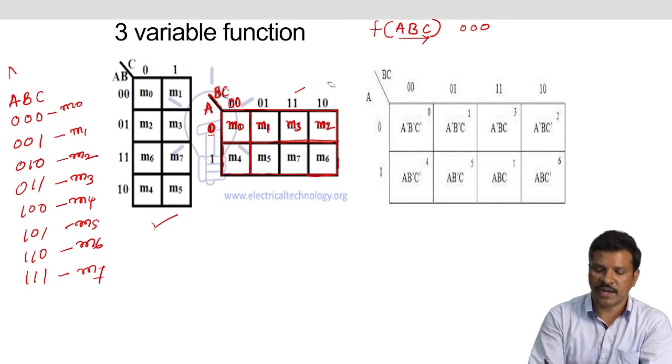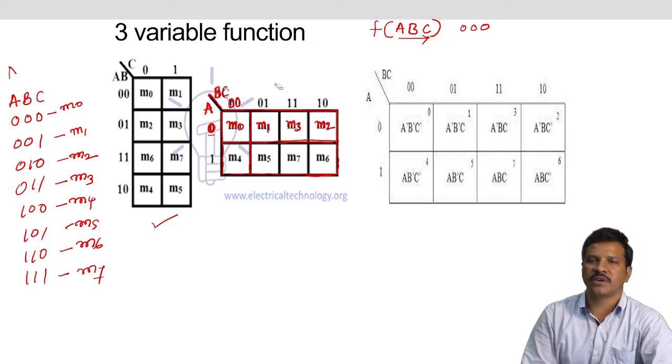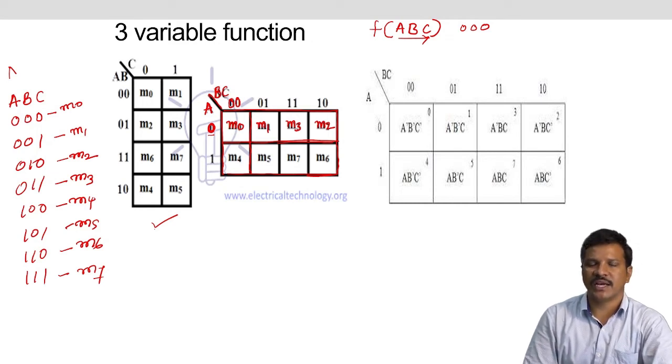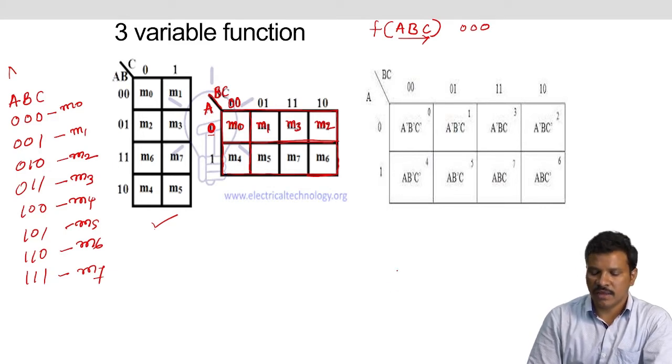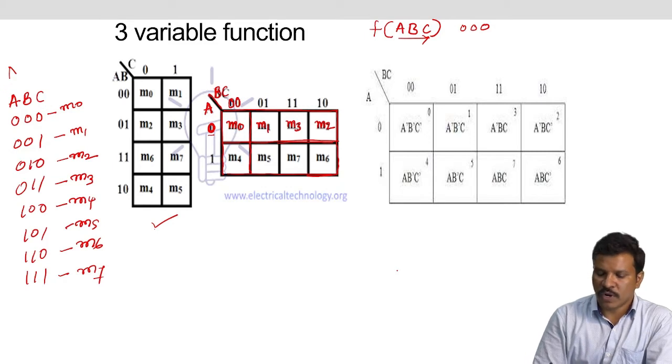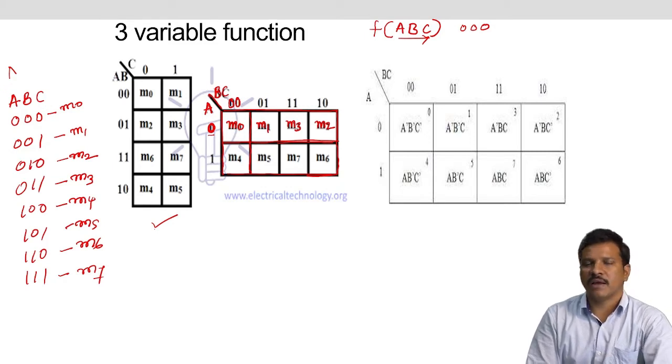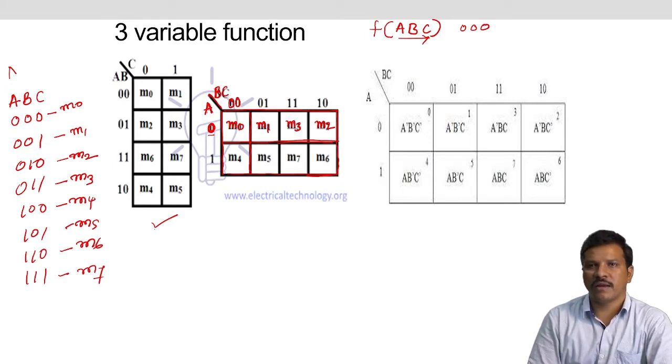This sequence is called reflected code, or gray code representation, in the K-map. That is how the K-map sequence is identified. So what is the main purpose that Karnaugh took those gray code representations for BC?